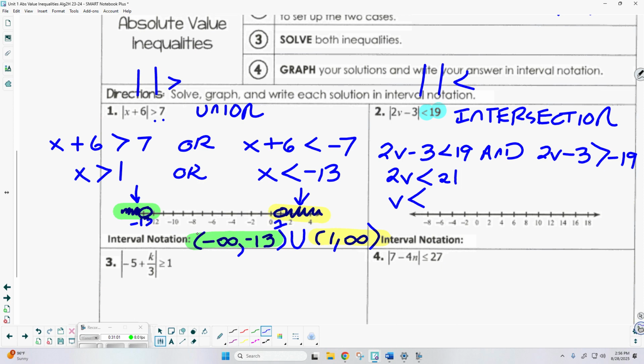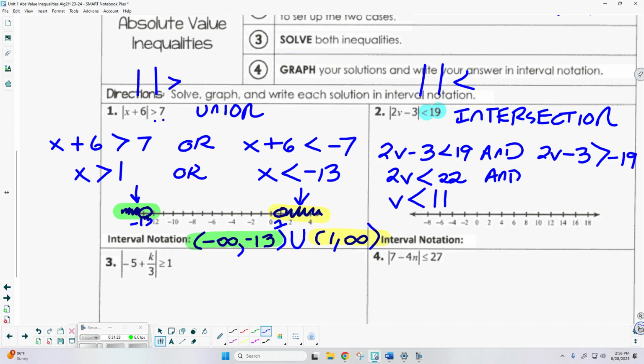Oh, wait a minute. I was just saying if you were paying attention, and obviously you were. Sometimes I like to use clever teaching strategies like that, just to make sure you're still on your toes. So now, what is v less than? 11.